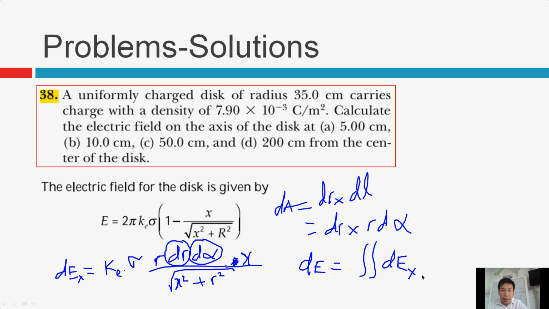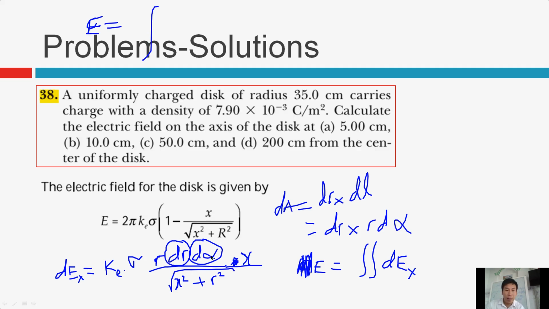Please remember this is a two-layer integral. So you just substitute dE_x here. Sorry, this is E, not dE.